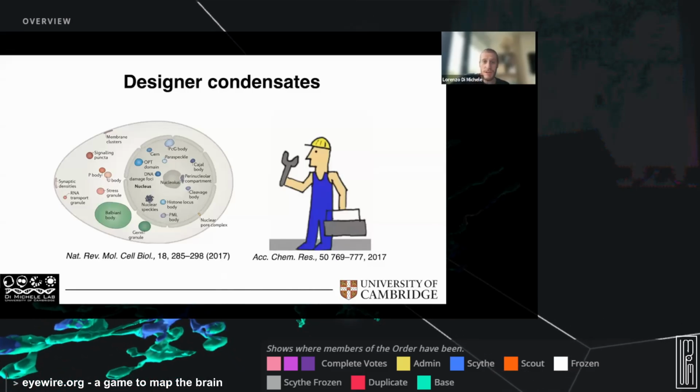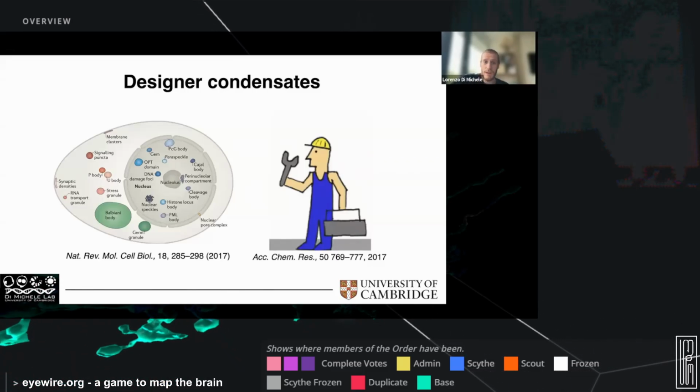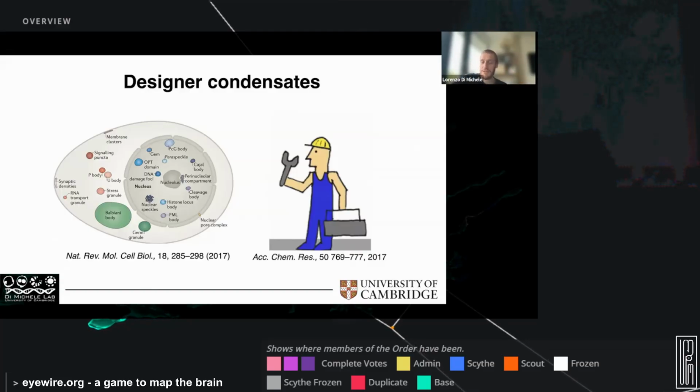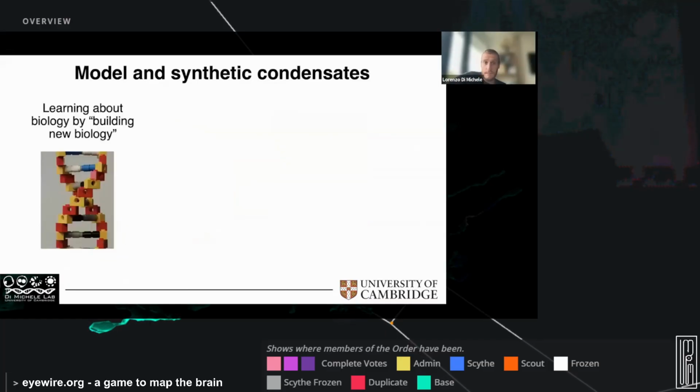What we're trying to do here, and what a good chunk of the research going on in my group is about, is trying to build designer condensates or synthetic versions of these condensates that we can then use to engineer cells and synthetic cells. But more about this, why do we care about creating synthetic biomolecular condensates? The usual aim here is that of learning about biology.